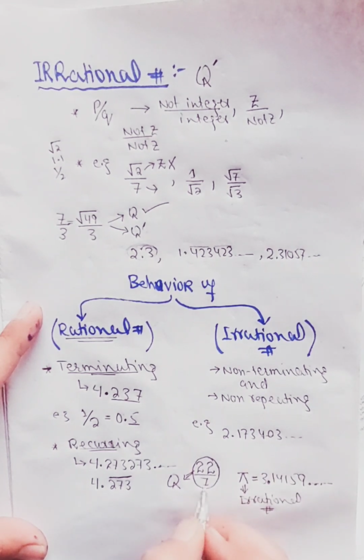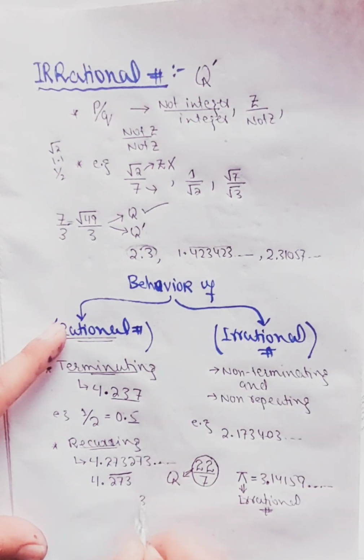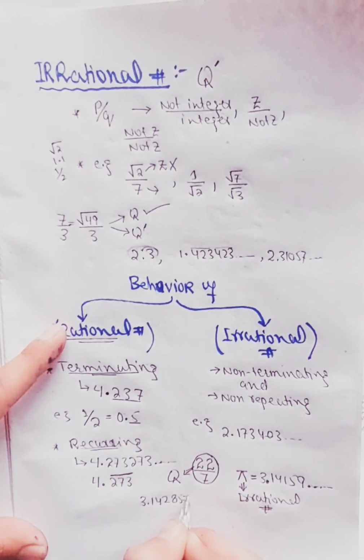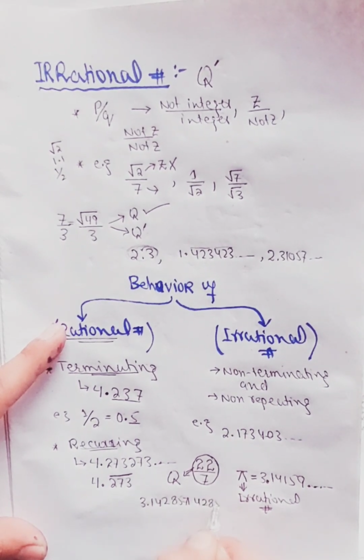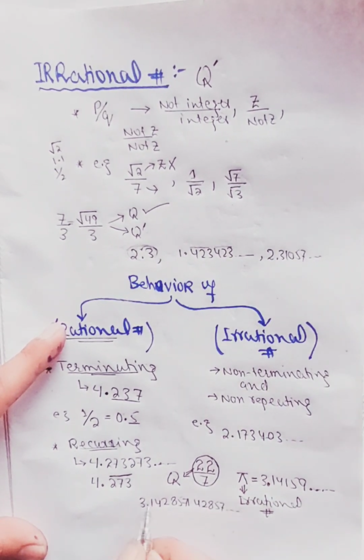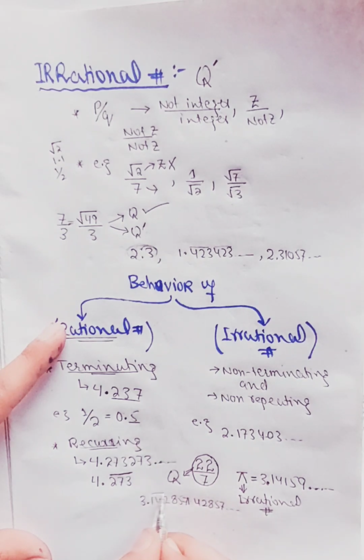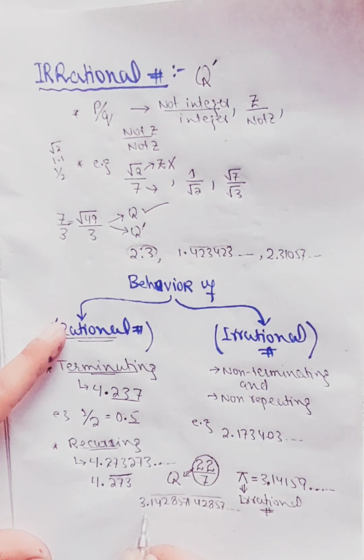If you simplify this 22/7 you will get this answer: 3.14287142857, so this is repeating. You can see what is repeating. 1428 is repeating, so it is a rational number.